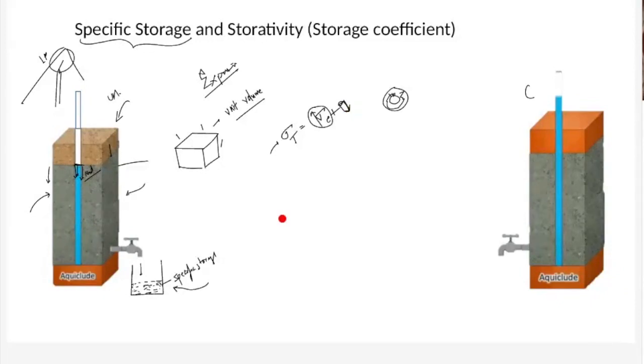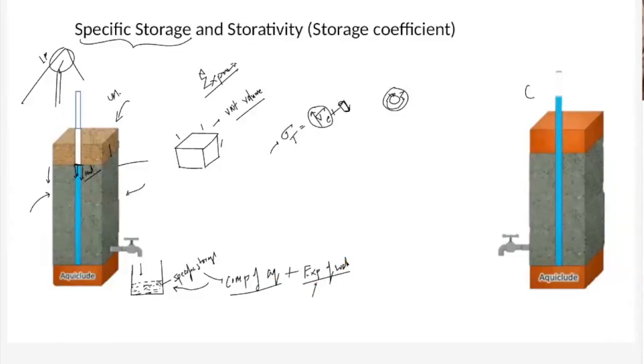So then in specific storage the contribution will be of two things. First, it will be due to compaction of the aquifer, because compaction of the aquifer will release some water. Plus, there will be some volume because of expansion of water. This is a very small contribution. Major contribution comes from here.